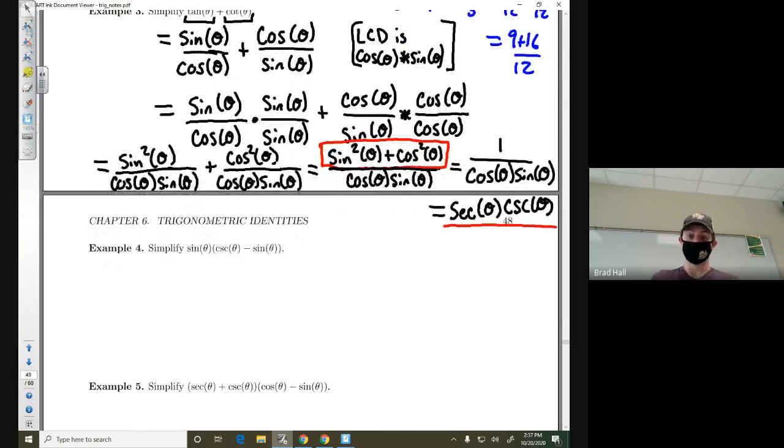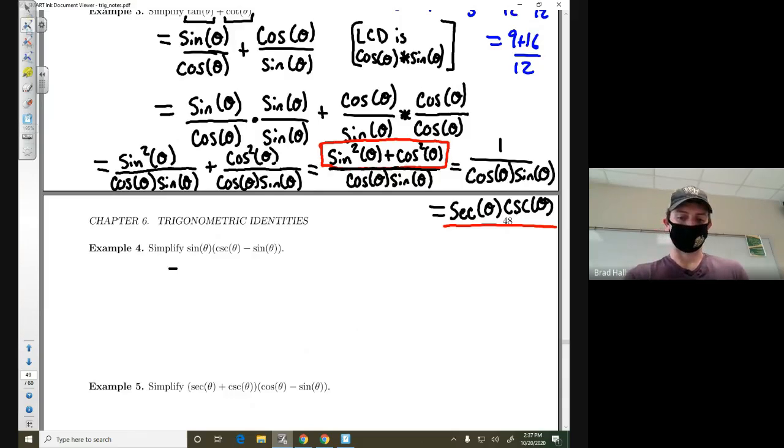Now we have sine of theta times cosecant of theta minus sine of theta. Hopefully you might see at least an algebraic step that's going to be coming up. Whenever you have something on the outside of a parenthesis of 2 or more terms, hopefully you remember that verb thing that we do.